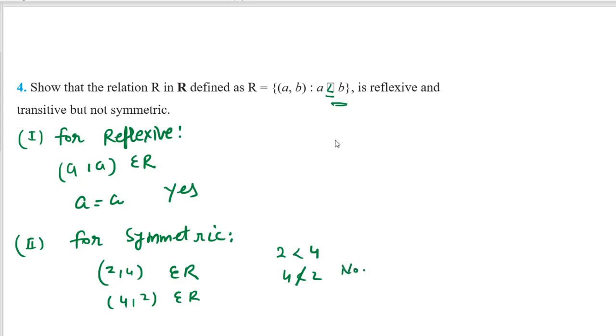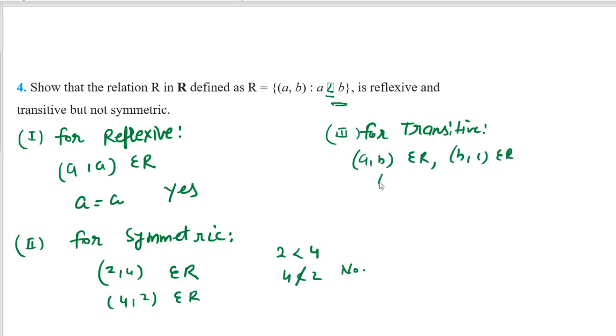No. For the third part, what is the condition for transitive? Let me tell you. For transitive, you can say if (a, b) belongs to R and (b, c) also belongs to R, then if (a, c) belongs to R, then it is transitive.